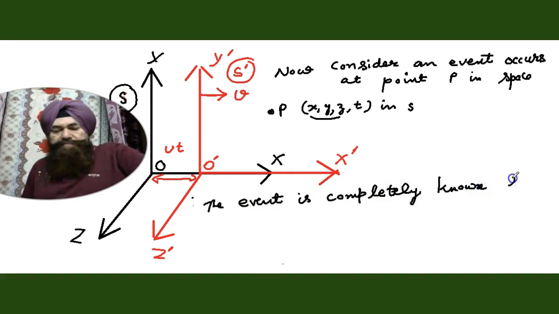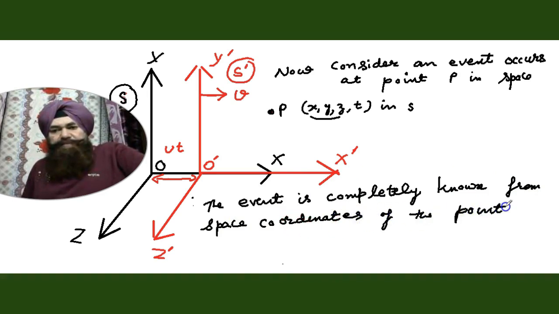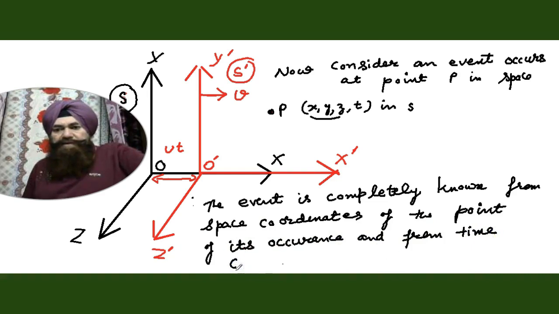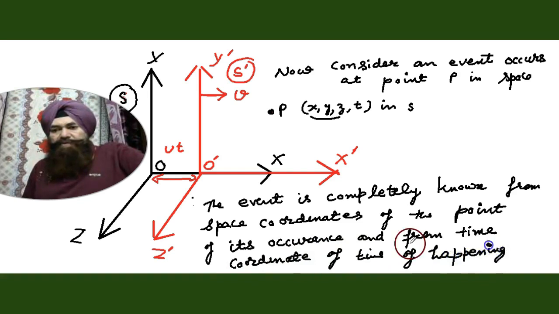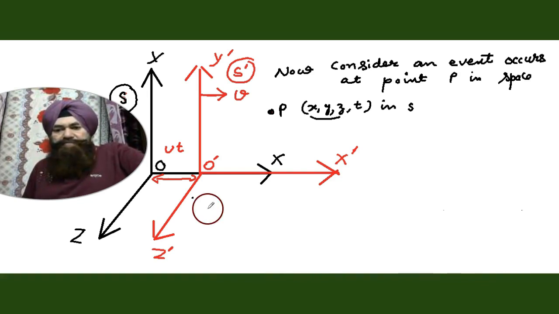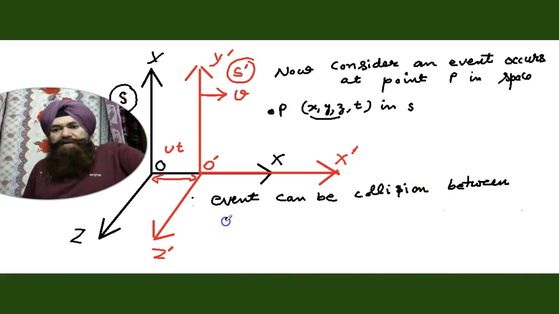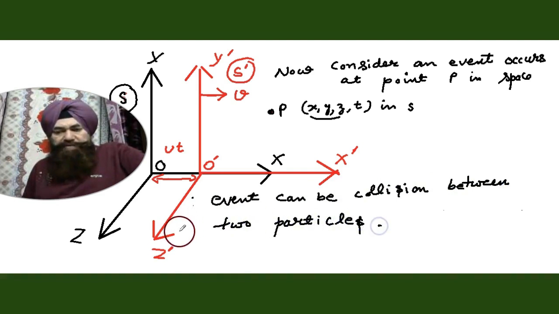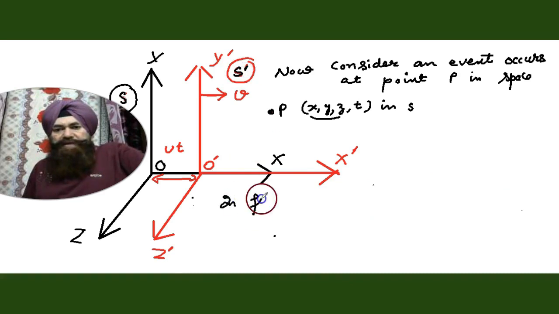The event is completely known from the spatial coordinates of the point of its occurrence and the time coordinate, the time of happening, because we need the time also when the event occurs. So the event can be a collision between two particles, or any event.